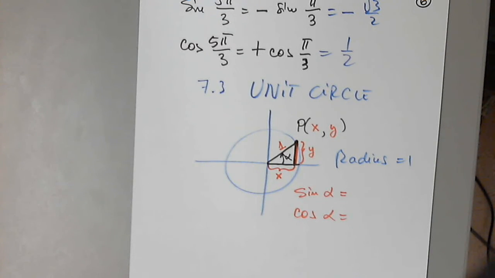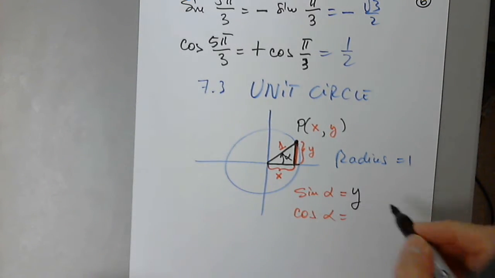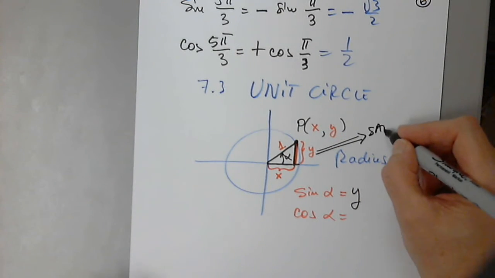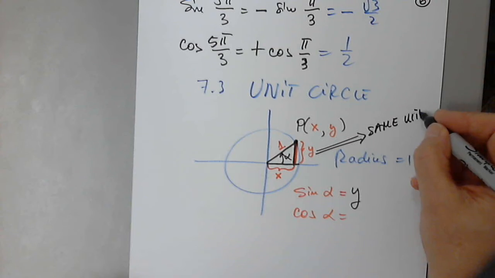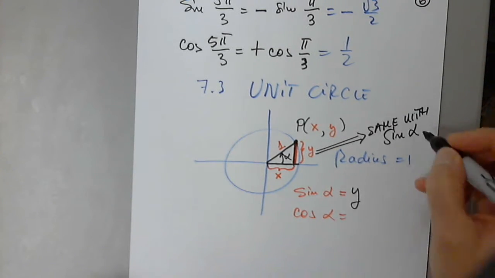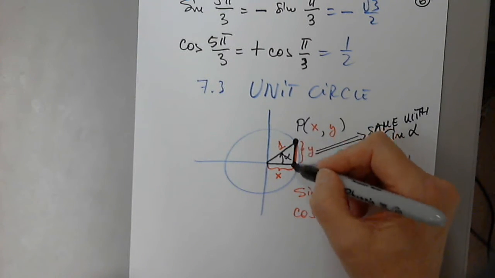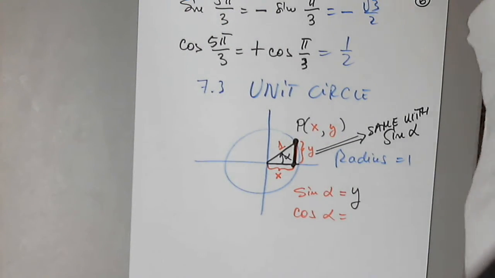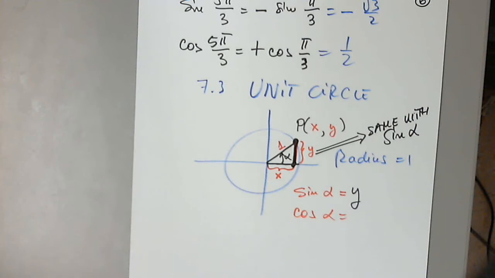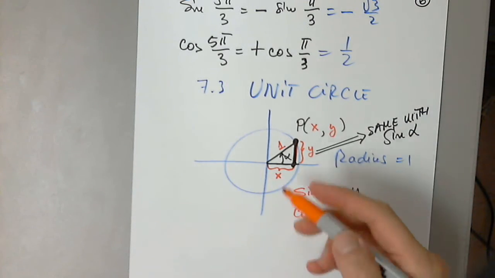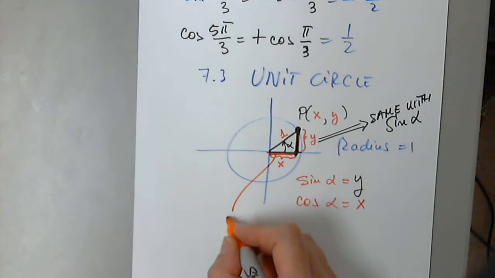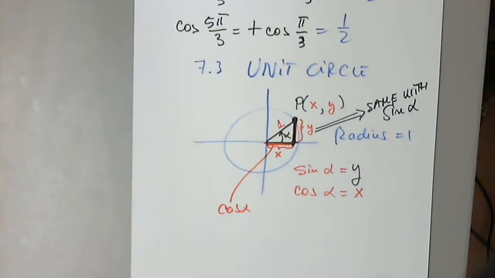Y over 1, which means what? That's the reason why this piece, this length, is sine alpha. Can anyone give us what cosine alpha equals in the unit circle? X over 1, which is x, which means this piece is nothing else but cosine alpha.